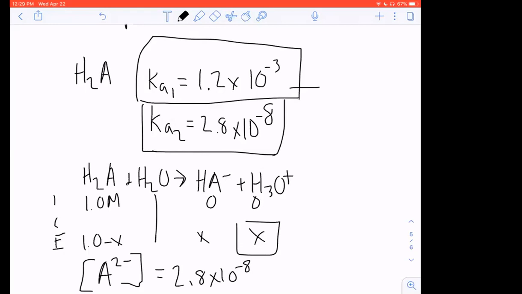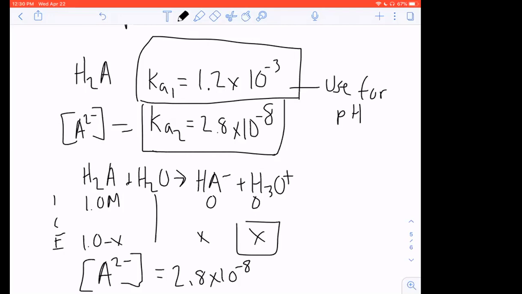Those are basically the only two shortcuts I think you should worry about. The pH of a diprotic acid is going to be the exact same thing as if you used Ka1 and found the pH of a monoprotic acid, what you're used to. So I'll write: used for pH. Ka2 then is going to equal the concentration of A- or A2- in this case at equilibrium. That's basically all you have to worry about.